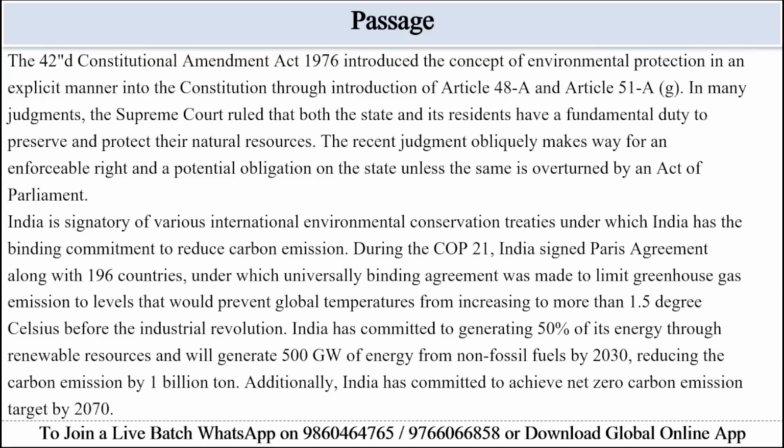India has committed to generating 50% of its energy through renewable resources and will generate 500 gigawatt of energy from non-fossil fuel by 2030, reducing the carbon emission by 1 billion ton. Additionally, India has committed to achieve net zero carbon emission target by 2070.